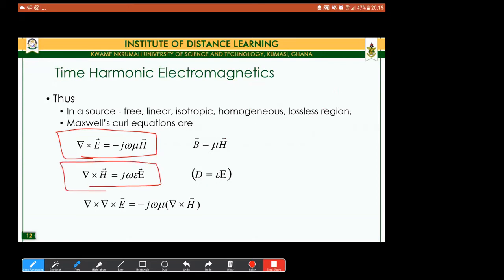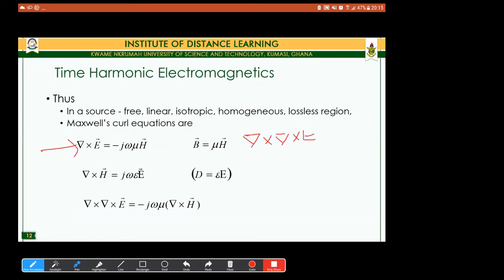Now, if we take a second curl of this one, we take the curl of that one again. So curl of curl E must be equal to what? Minus j omega mu and then curl of H, because we are taking a second curl of that equation.